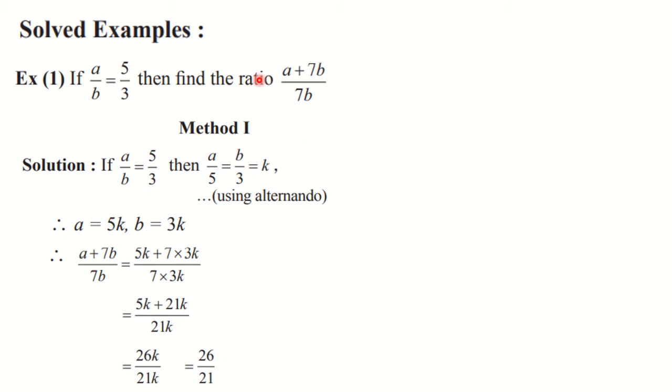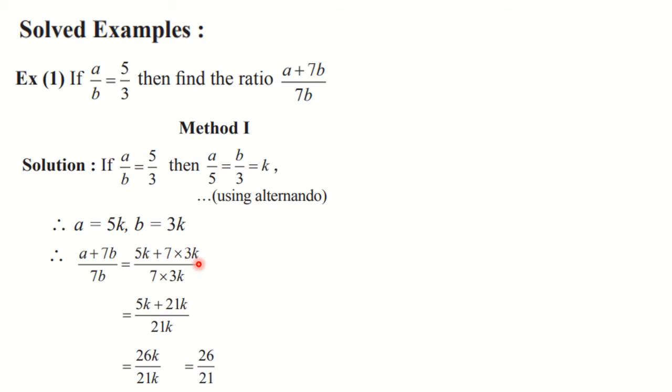Now write down the given question, that is (a plus 7b) upon 7b. In place of a you substitute 5k, and in place of b you substitute 3k. So a is replaced by 5k, plus 7 as it is, and b is replaced by 3k. Down in the denominator, 7 as it is, b is replaced by 3k.